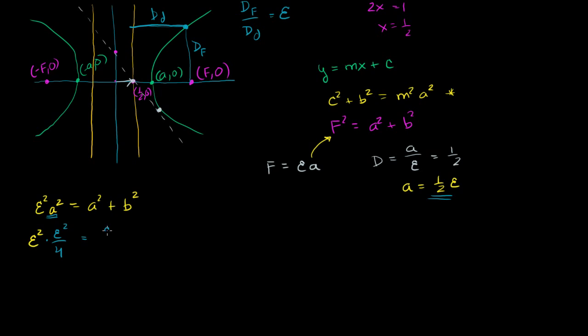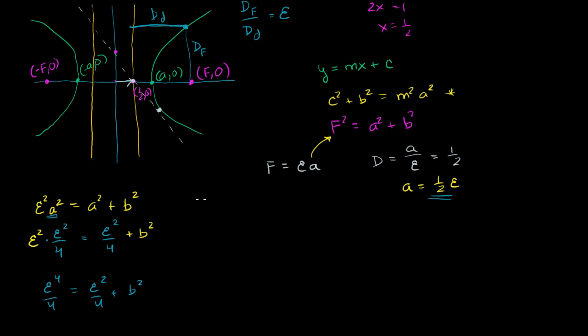Is equal to the eccentricity squared over 4, once again a squared, plus b squared. And so this will simplify to the eccentricity to the 4th power over 4 is equal to the eccentricity squared over 4 plus b squared. And I don't like having these 4's in the denominator, so let's multiply both sides by 4.